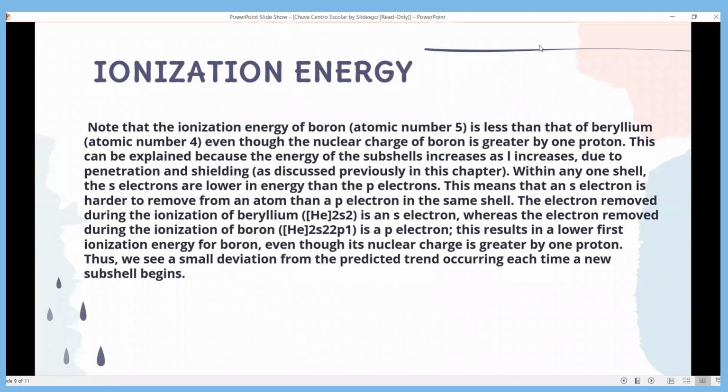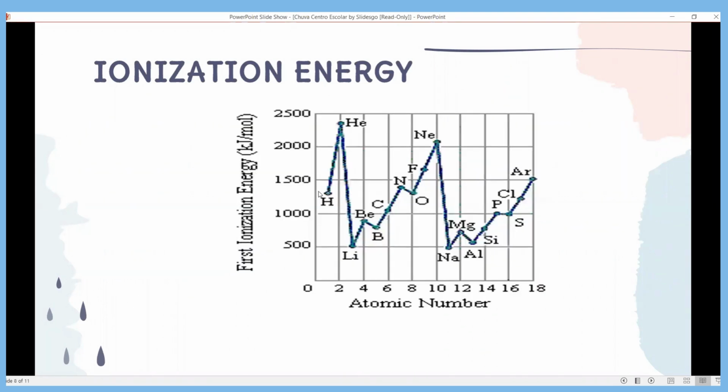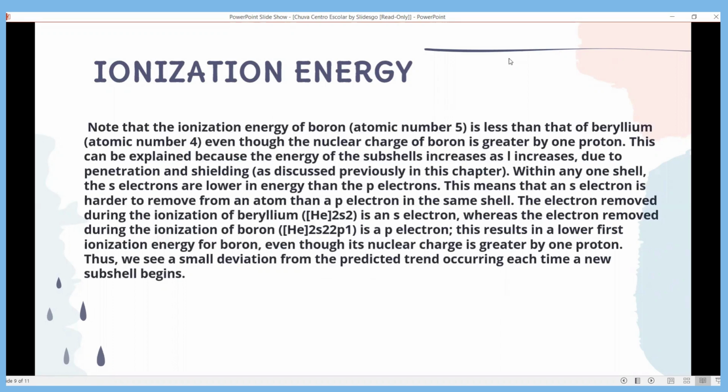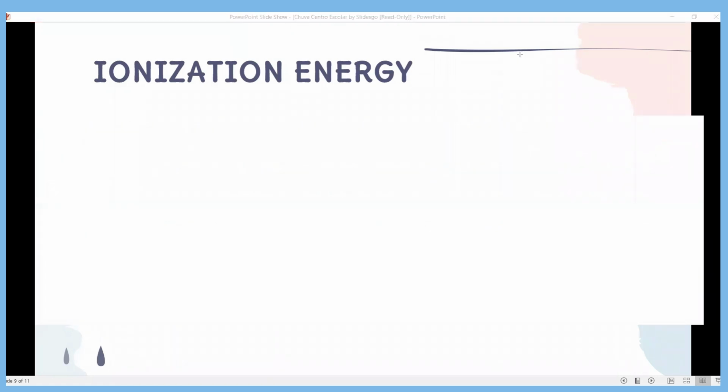So, the first exception is boron and beryllium. What we expect according to the periodic table is boron having greater ionization energy than beryllium, but actually boron has less ionization energy than beryllium.